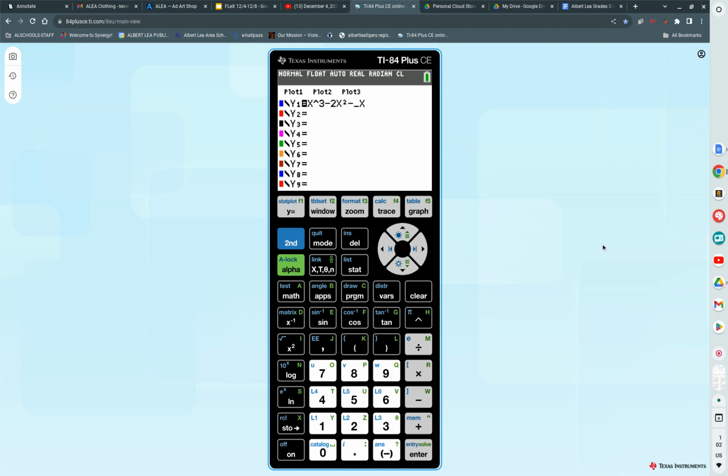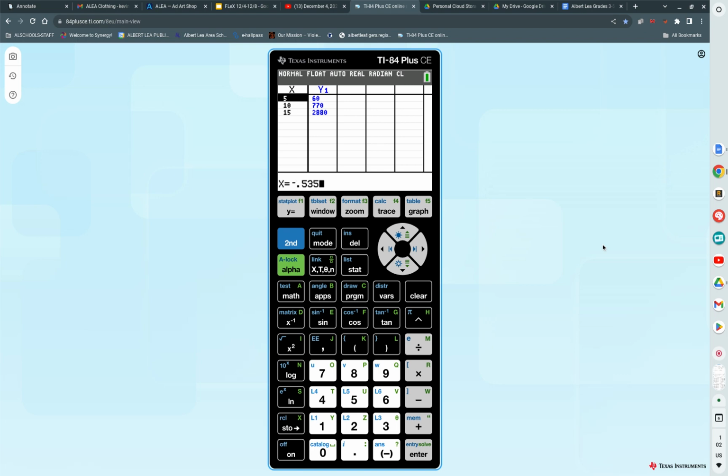Although I don't want you to graph, you can go to the table and type in your values for your inflection as well as your local max and min. If I recall, those values are negative 0.535, 1.868, and 2/3, so 0.6 repeating.